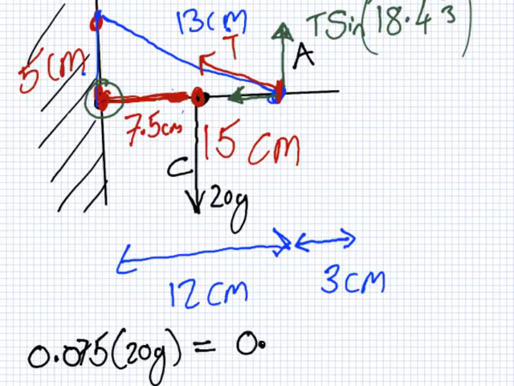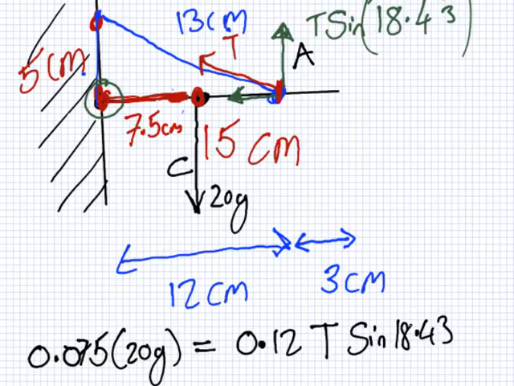I'm making the equation: 0.12, clockwise equals anti-clockwise. And then the force, T sine 18.43.